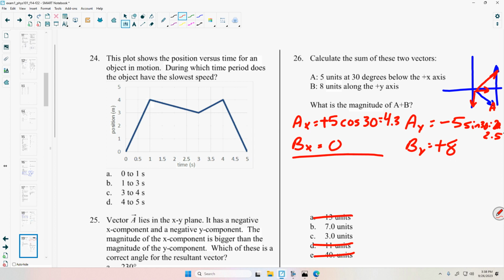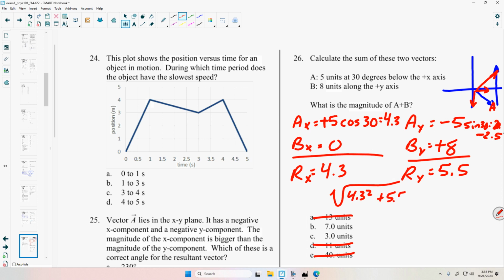Then you add them up. AX plus BX is 4.3. That's RX. AY plus BY, that's RY, is 8 minus 2.5. That's 5.5. And then I do the square root of the sum of the squares. 6.987 units, 7 units long.